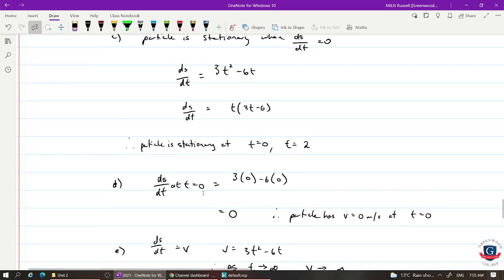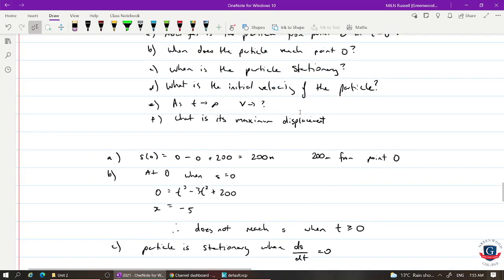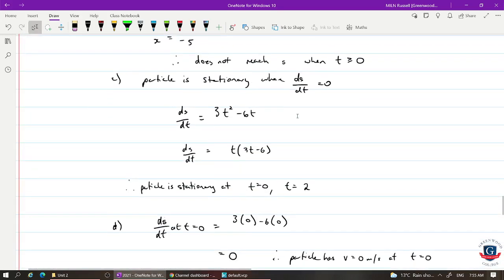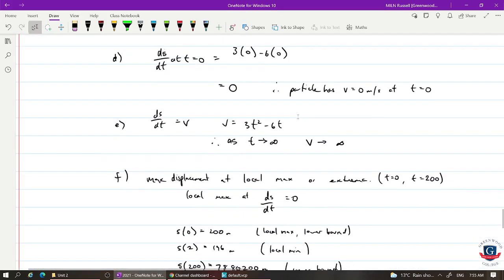Substitute in t equals 0 into the velocity formula. It's 0. We knew that from here. And E, as t tends to infinity, what happens to the velocity? Well, if we take the velocity formula and substitute in infinity, we just need to look at the highest order term. Infinity squared will still be positive. It will tend off to positive infinity.